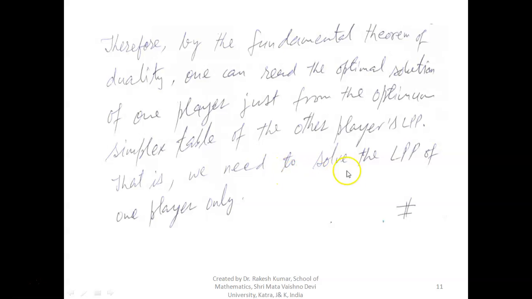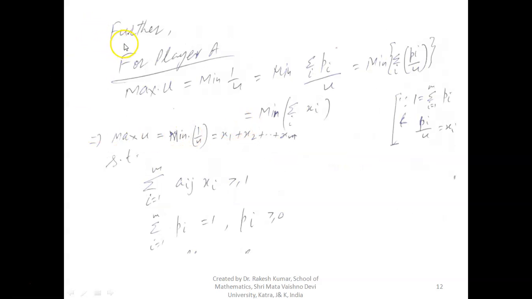That is, we need to solve the LPP of one player only, and we will focus on that LPP where only slack variables are required, right? So further we can write those two LPPs like this: maximize U is just like minimizing 1 upon U, and for 1 we can write summation over Pi, because summation Pi equal to 1.